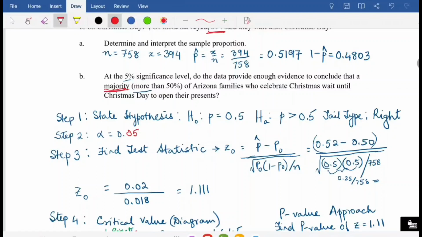Now, again, previously I told you to leave it at the decimal. Please use the decimal up to 3 places. I still encourage that.